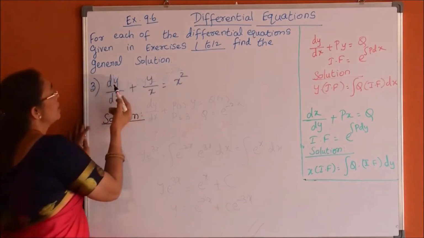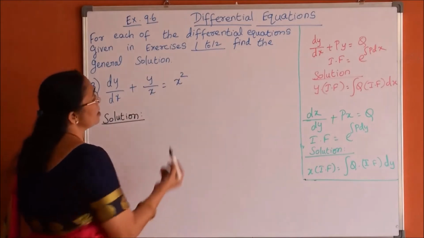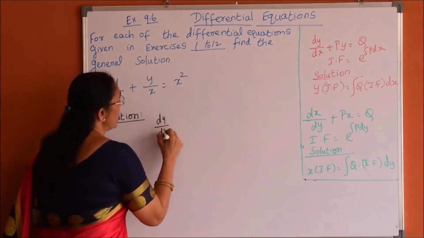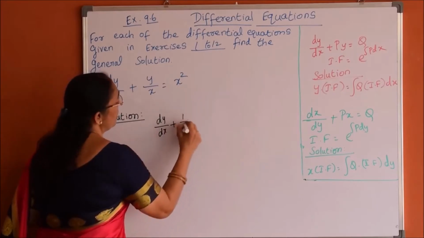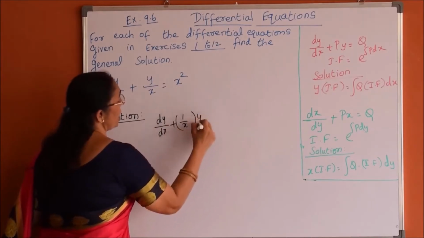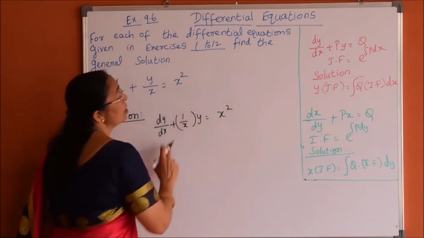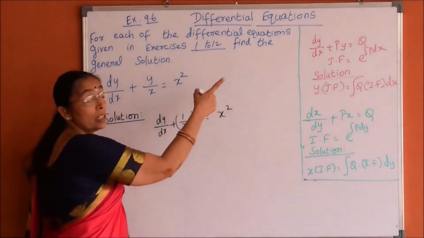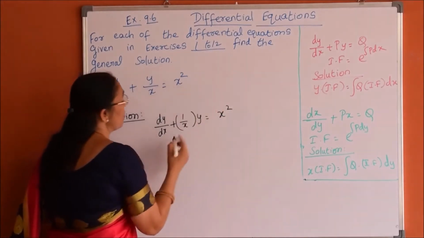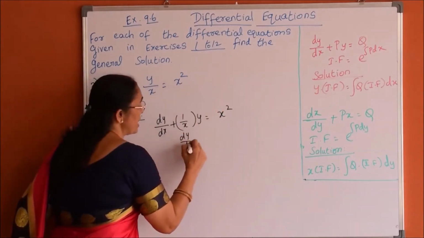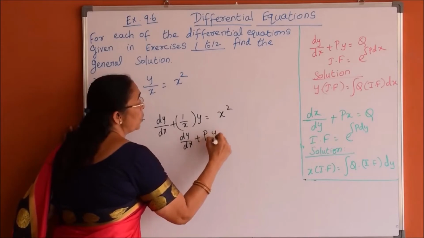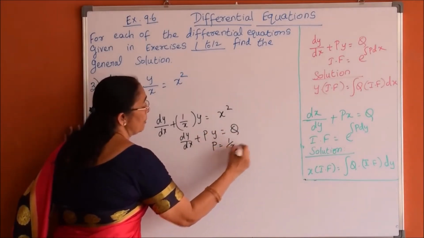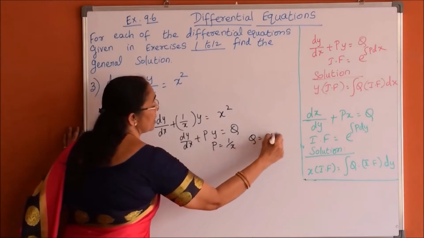Third problem, dy by dx plus y by x is equal to x square. This can be written as dy by dx plus 1 by x of y is equal to x square. So we can find that this is in the first order form, that is dy by dx plus p into y is equal to q, where p is equal to 1 by x and q is equal to x square.